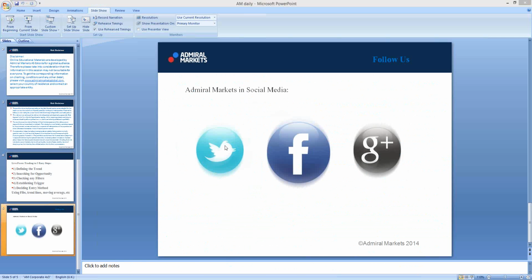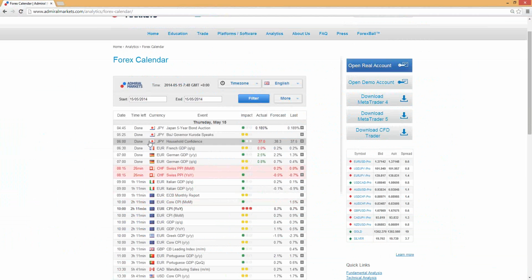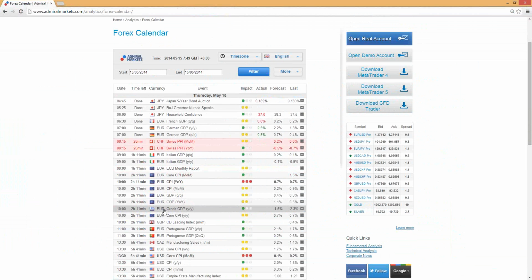First of all, though, before we look at the charts, as always, a quick sneak peek preview at what we can expect today. We've got PPI on the Euro zone 2 hours from now. We've got Swiss PPI in 26 minutes from now. German GDP is up, pretty good, 2.5.